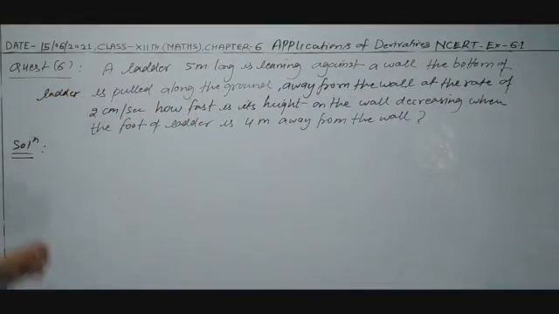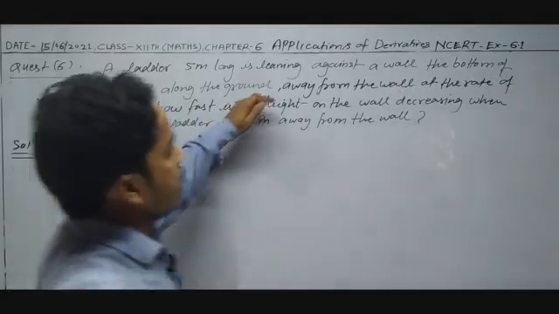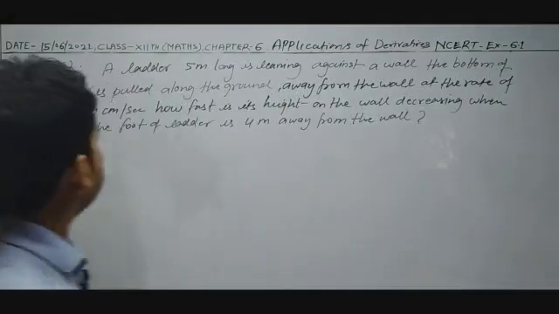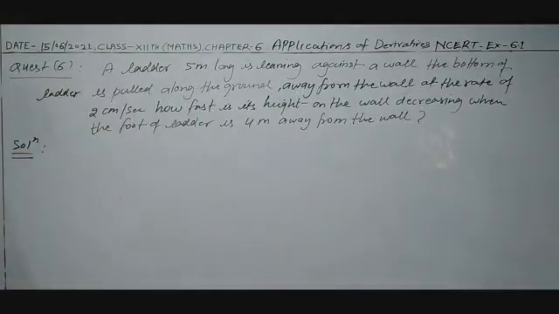The bottom of ladder is pulled along the ground and away from the wall at the rate of 2 centimeter per second. How fast is its height on the wall decreasing when the foot of ladder is 4 meter away from the wall? So first of all, see the figure.